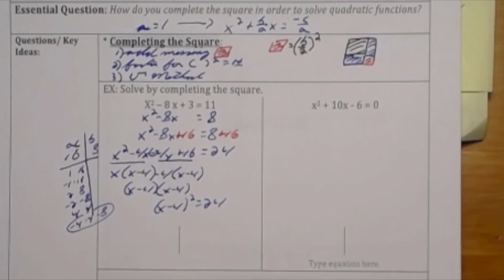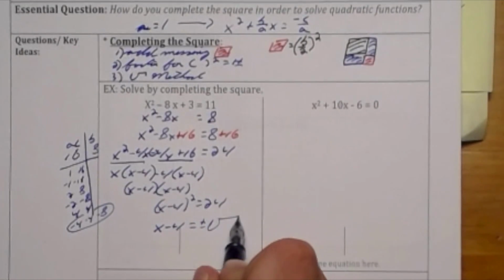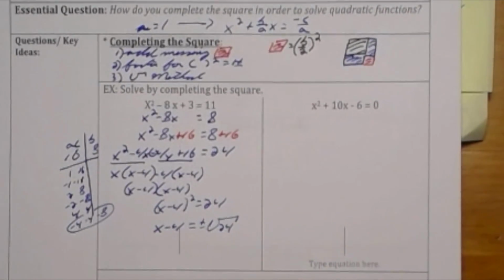and that is equal to 24. Now I can take the square root of both sides, giving me that x minus 4 is equal to plus or minus the square root of 24. Remember, I'm taking the square root of both sides. Now I need to simplify the square root of 24. So I'm going to work in the margin to remind myself the square root of 24 is 2 times 12.